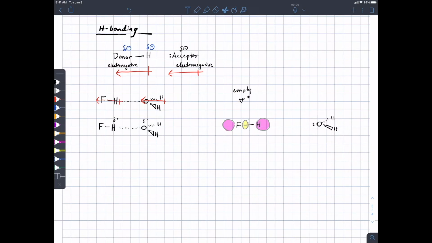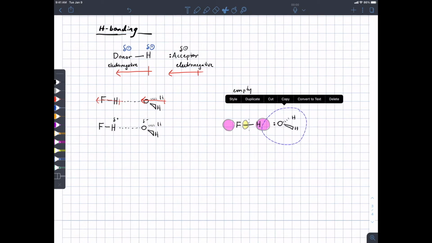But you could imagine the lone pair on this water molecule getting close enough that maybe it's partially dumping its electron density into the sigma star of the hydrogen bond donor. And in that case, you would expect the hydrogen to sort of be shared, perhaps not equally, but somewhat between the two atoms. And there are some cases where hydrogen bonds are said to have partial covalent character.